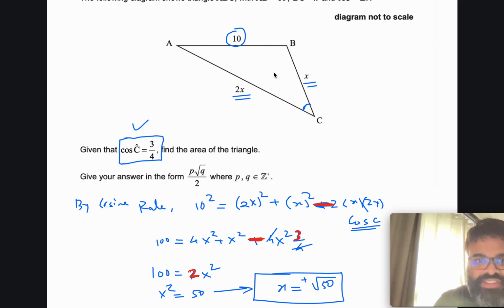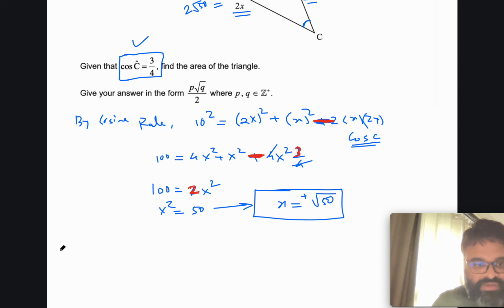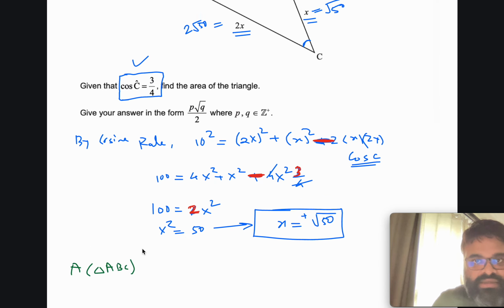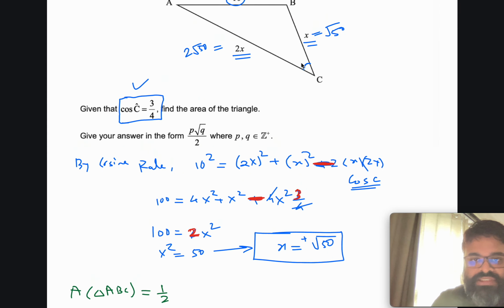Okay, so we just found the value of x. This side is root 50 and this is 2 root 50. Now next we want to find the area of the triangle. So for the area of triangle ABC, it is half, you have this angle, right?